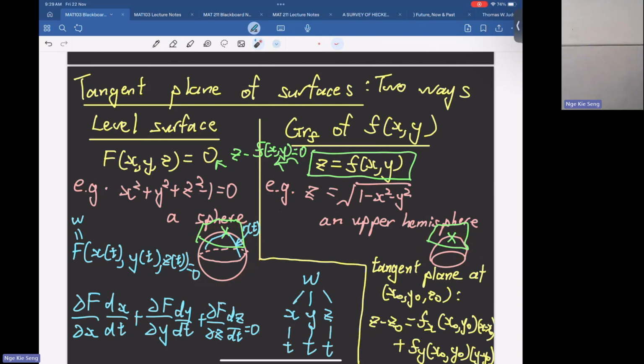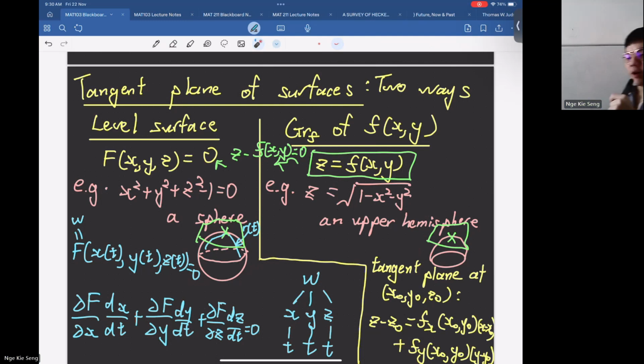The vertical line test. So if we study the level surface of a sphere, we can study the upper hemisphere and lower hemisphere together. But if you can only do a graph, you can only do one part of the sphere.